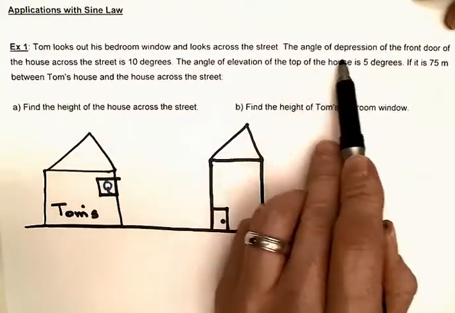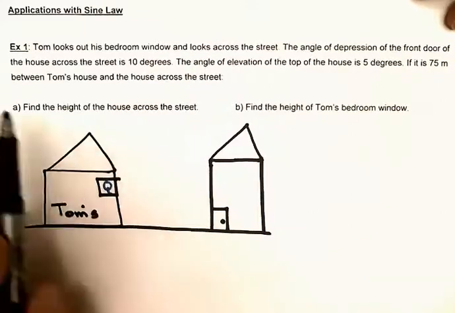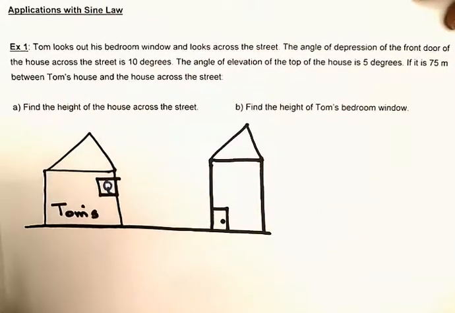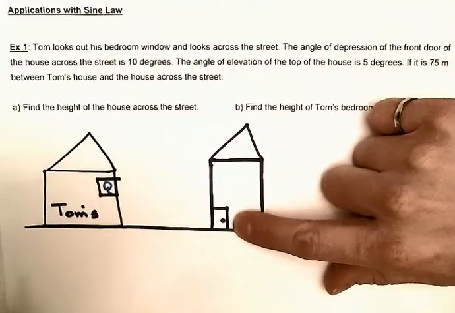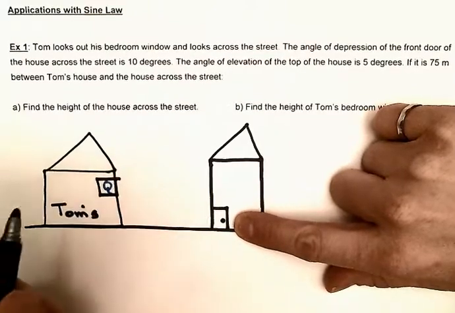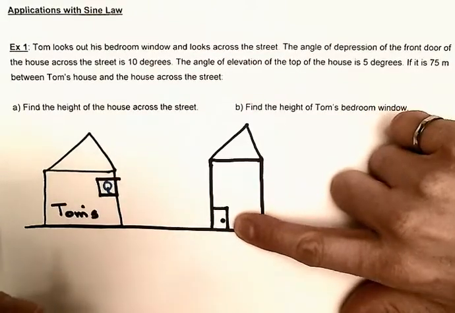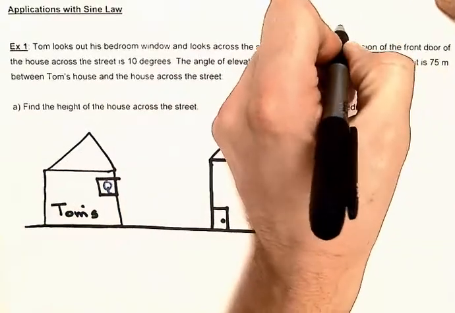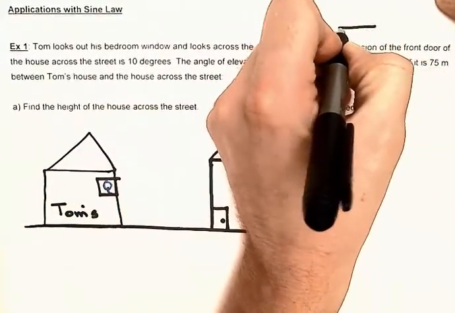The angle of depression of the front door of the house across the street is 10 degrees. Well, here's the front door, and it's the angle of depression of the front door, and we'll go to the bottom of it here. Okay, first off, angle of depression. So that means you've got some line of sight, and you look down.